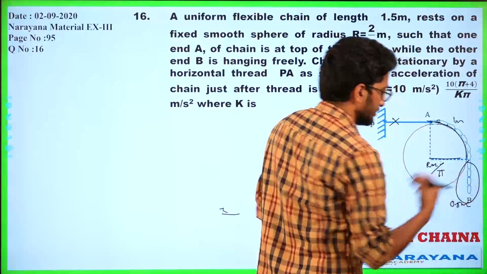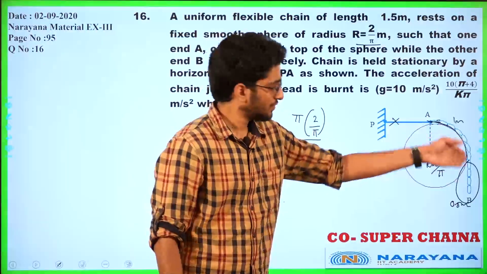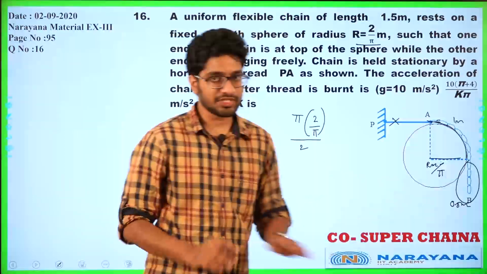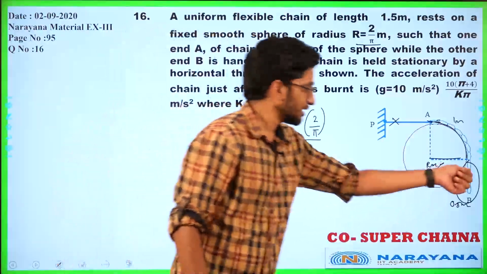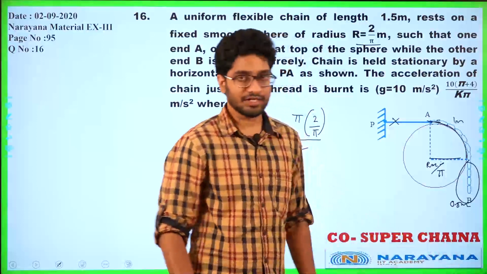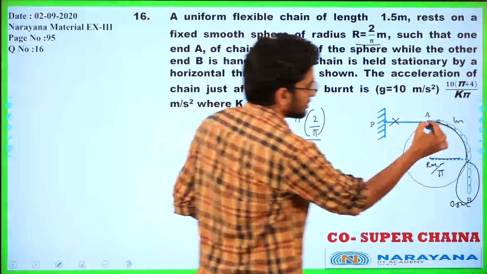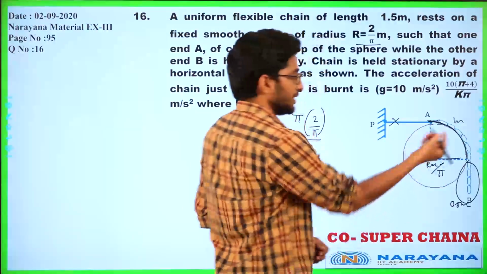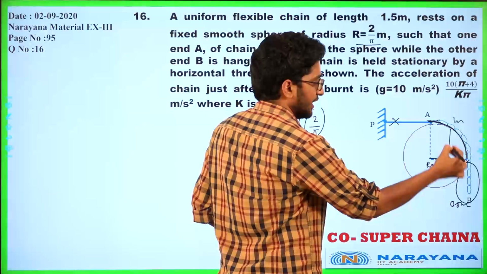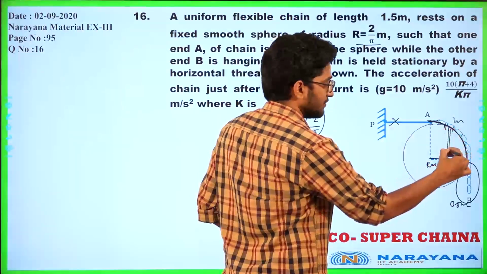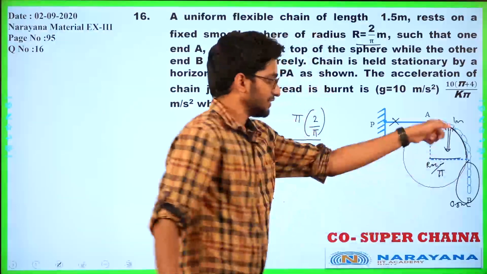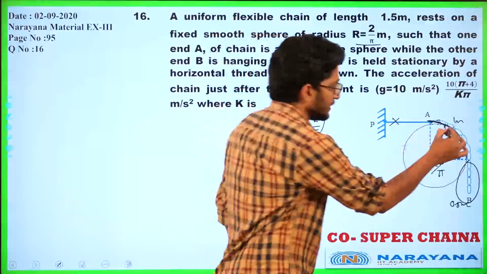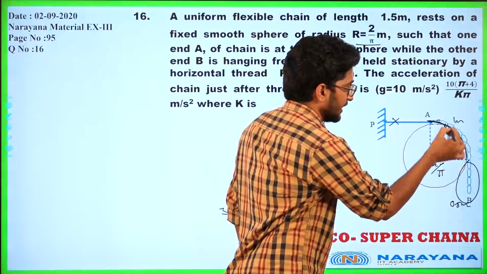So on this 0.5 meters, the gravitational force is directly acting downwards, and that force will create an acceleration downwards. Right. But what about the part here? If you take any small mass, its weight will be acting downwards. It will have a component along the normal and along the tangent.